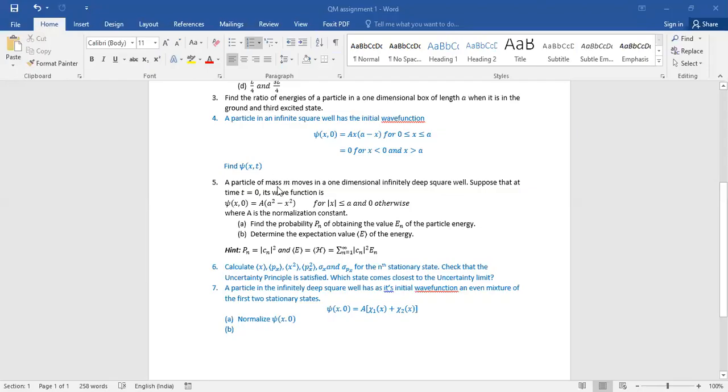So now let me share the screen once again and show you the next problem. This is something I'm going to leave to you guys to do. Please have a look at the fifth problem. Is everybody able to see this? I'm showing you the PDF document for some reason.